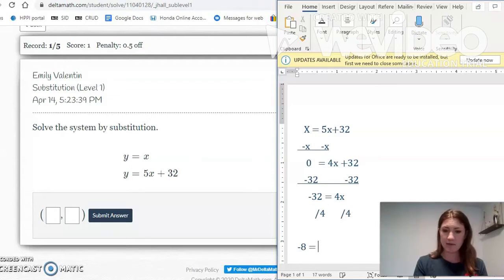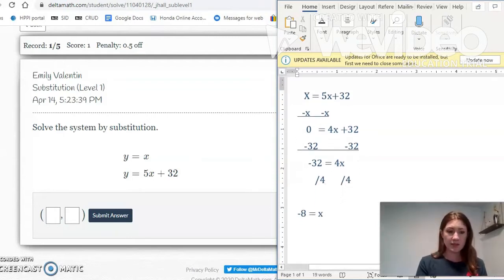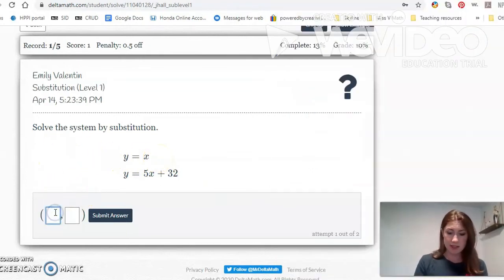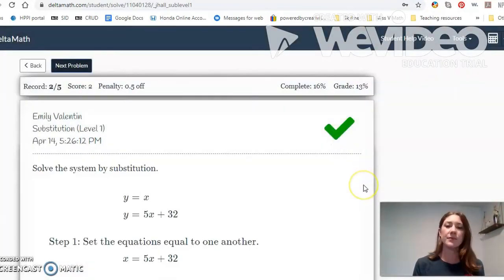That gives me negative 8 equals x. So we have solved for x, that's only half of this question. It also wants us to solve for y, but that first equation, really nicely, x and y are the same thing. Cool. So let's try the answer negative 8, submit. Fabulous. Look how great we are.